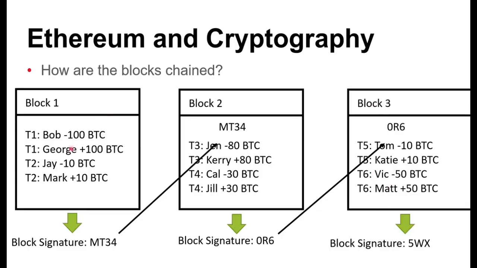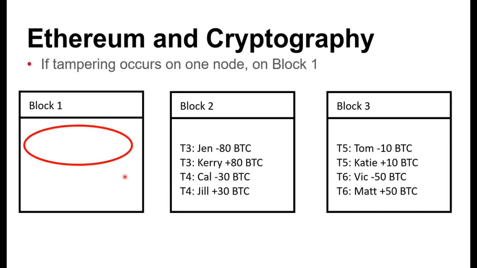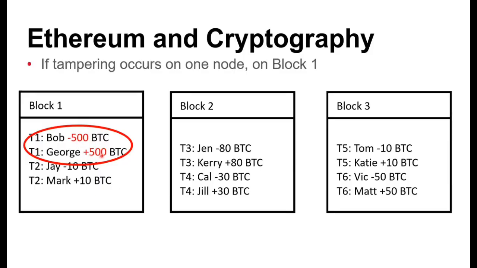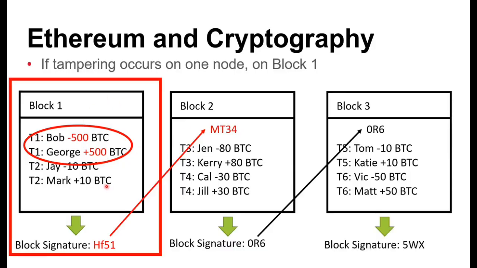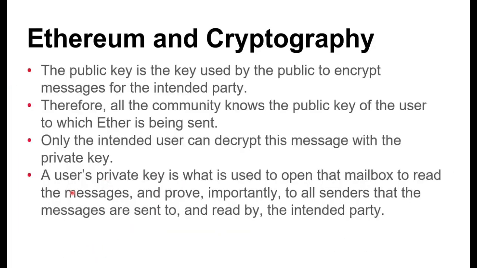So if there was any tampering with, say, this block right here, if somebody thought George deserves 500 Bitcoin, if we see something like this, the hash will change and it will no longer be chained to the next block. And this will become change apparent. And once this is detected, it can be overwritten with the correct data.